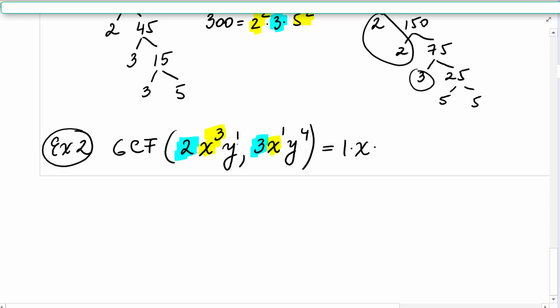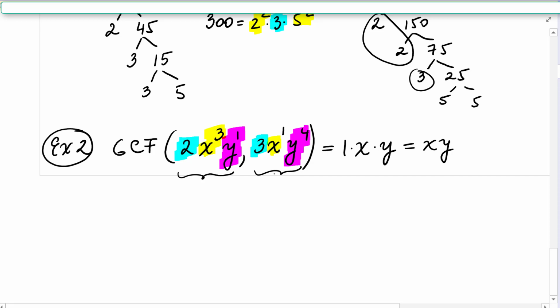And between y to the first and y to the fourth, the greatest common factor is just y. So the greatest common factor of 2x to the third y and 3xy to the fourth, it's xy. This factor is dividing each of these expressions evenly.